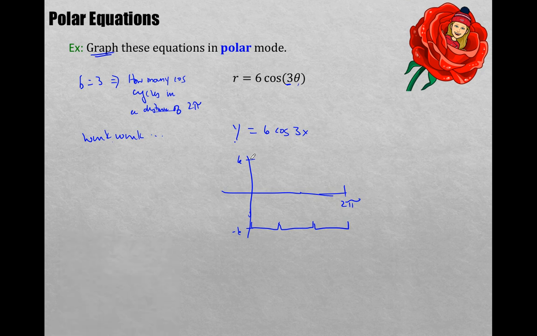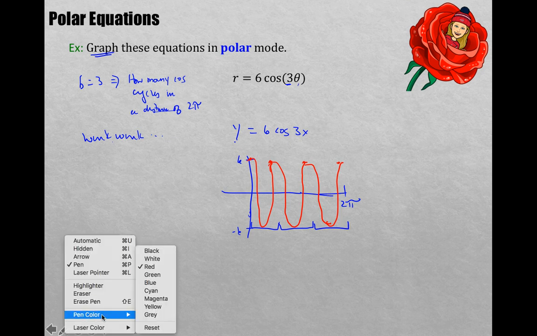The dilation factor is positive, right? So I'm going to have 1 cycle there, another cycle there, and another cycle there, right? 3 cycles in a distance of 2 pi.